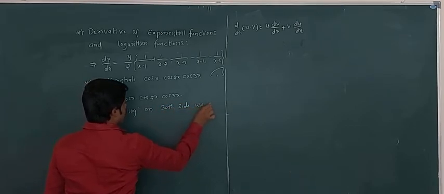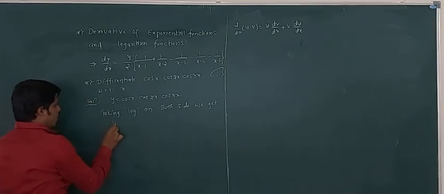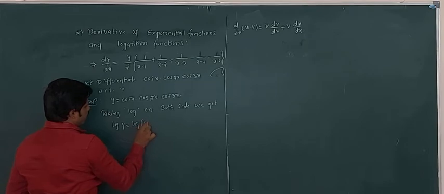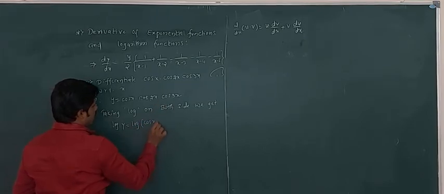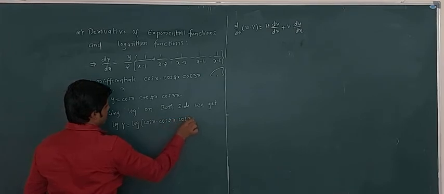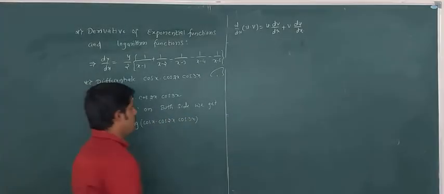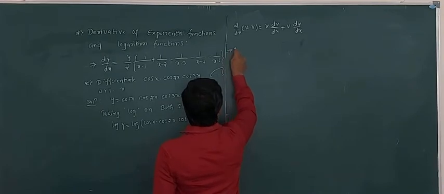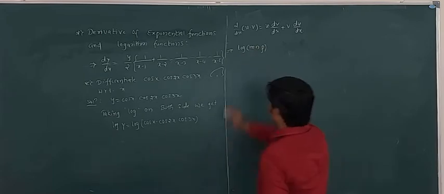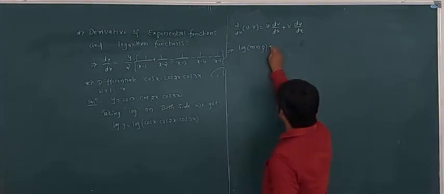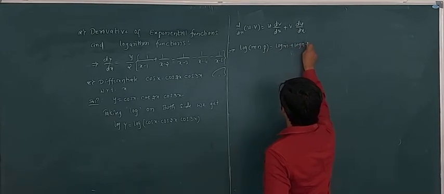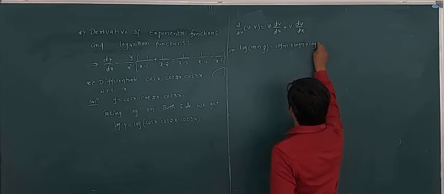So we get log y equal to log of cos x into cos 2x into cos 3x. By the property of logarithms, log of m n, consider one more function p, this implies log m plus log n plus log p.